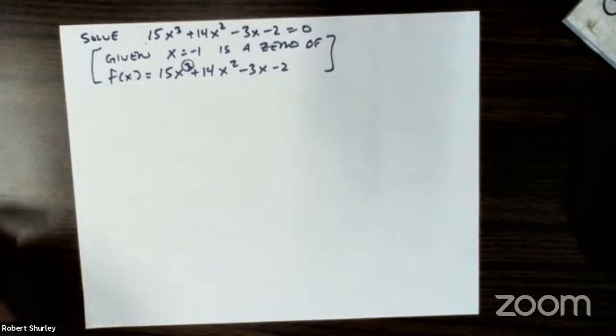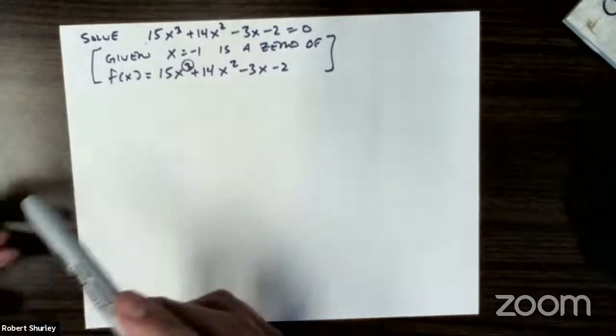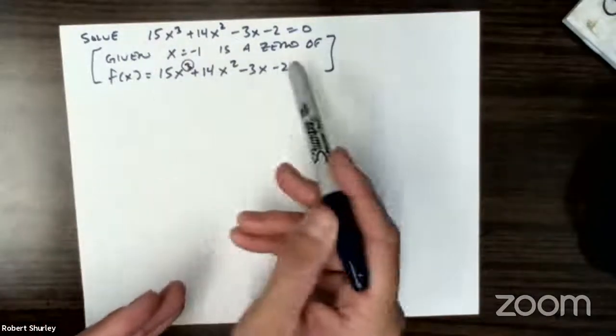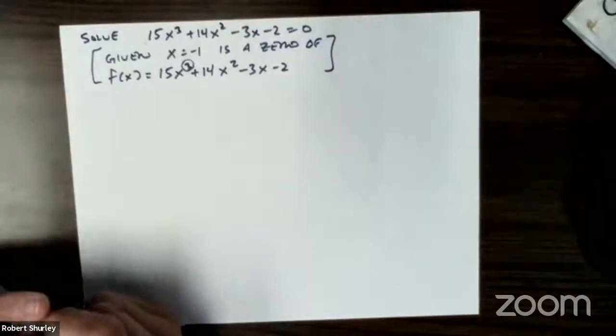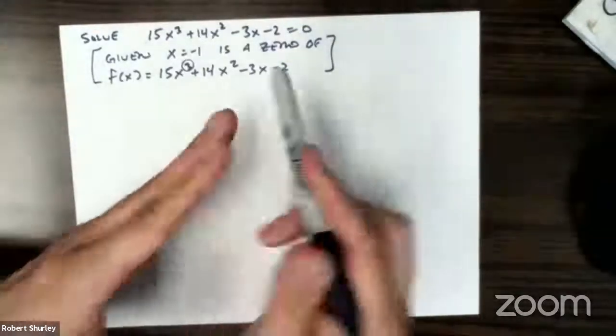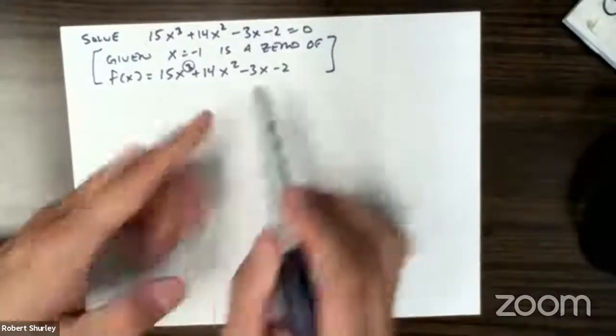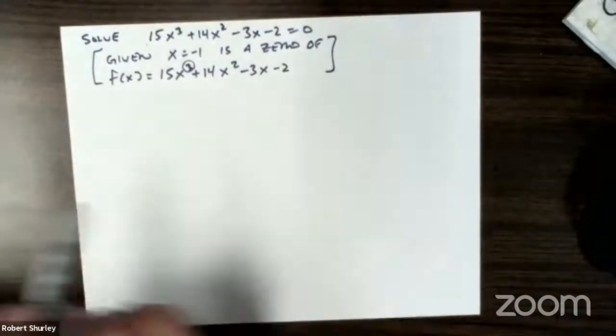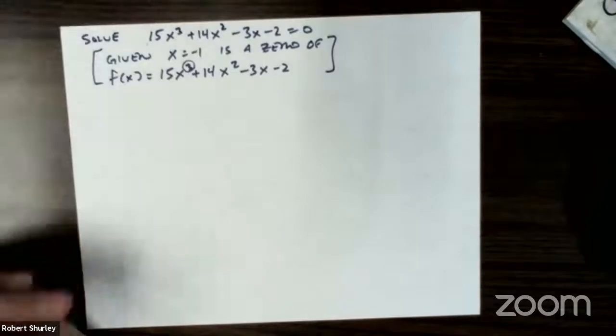But what I can try to do is pop out factors from this 3rd degree. If I take a single factor out, it's going to leave me with a 2nd degree. That's what we're about to do.